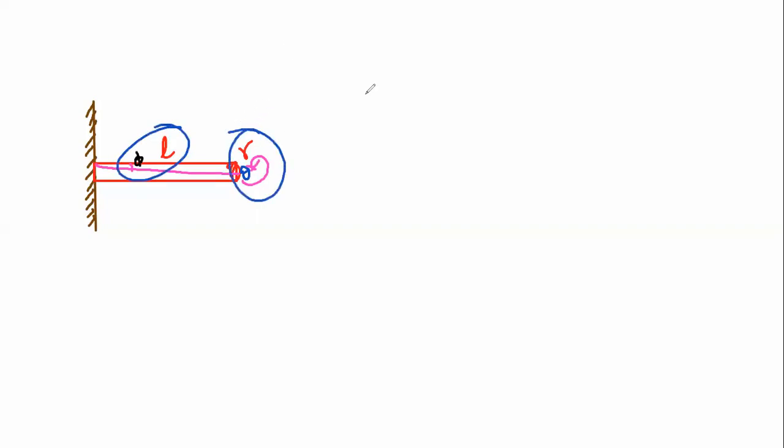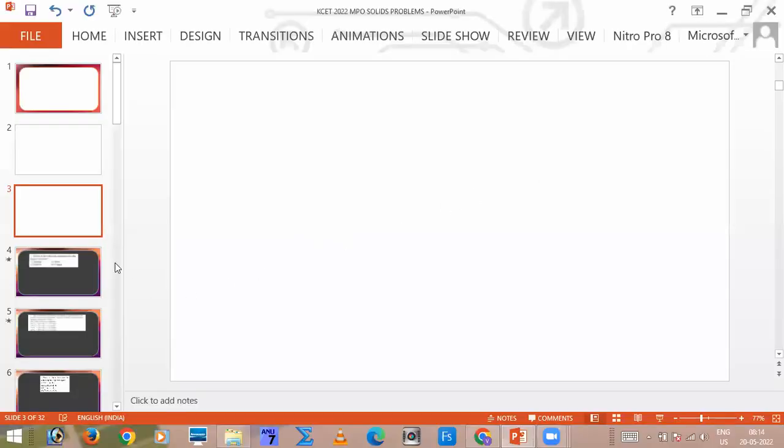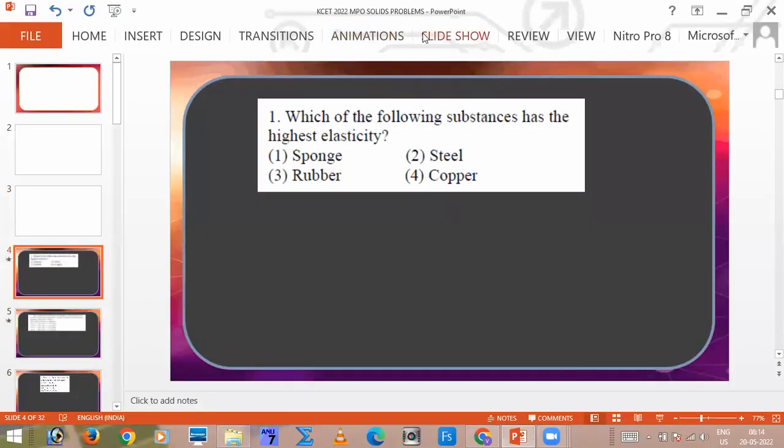So shearing angle phi is equal to R theta divided by L. This is the shearing angle. Okay, I am going to start the numericals from this chapter.